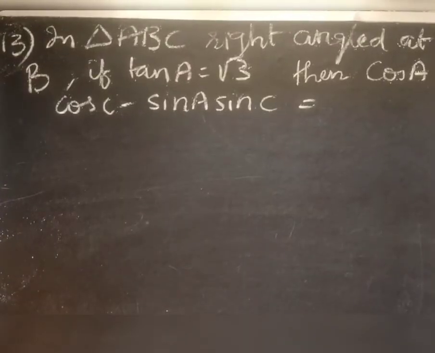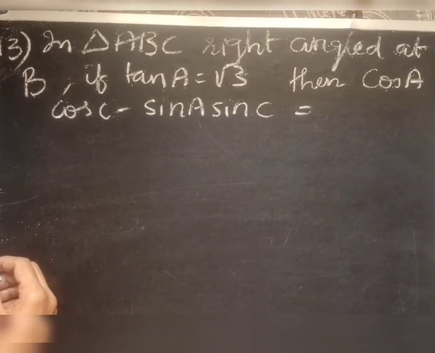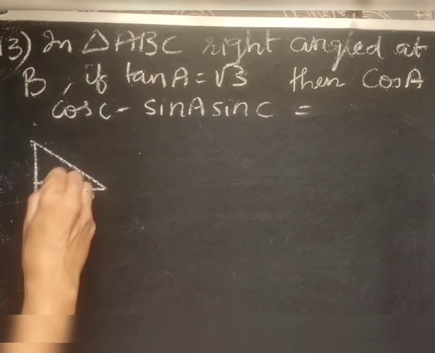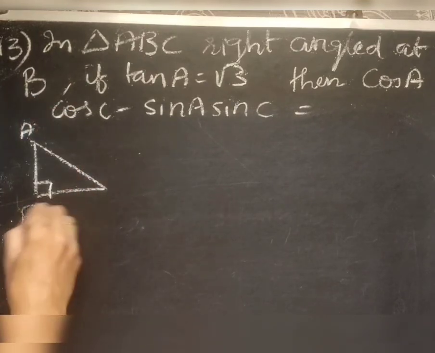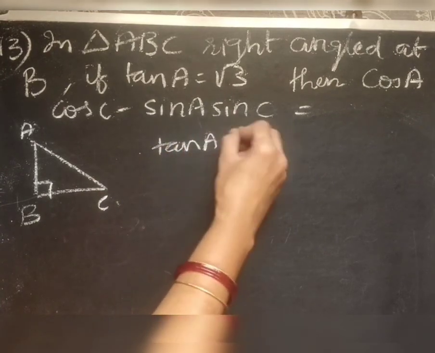In a triangle right angled at B, if tan A is equal to root 3, then what is cos A cos C minus sin A sin C? First we will draw the triangle ABC right angled at B, and we know that tan A is equal to root 3.